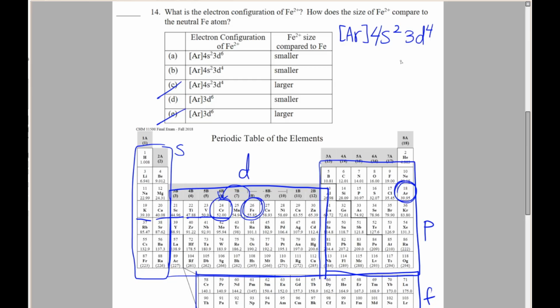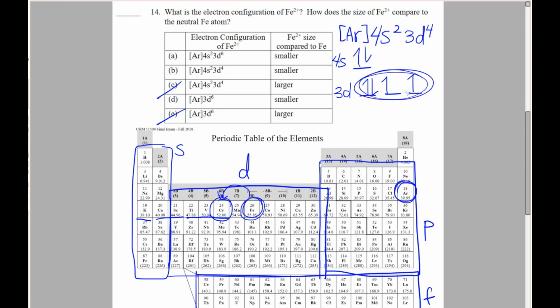Because think about it this way. So basically an s orbital, there's only one orbital and it can be filled with these 2 electrons. So this is 4s, and then 3d, which has 3 orbitals, and they start filling out like this. We have 1, 2, 3, 4, right?